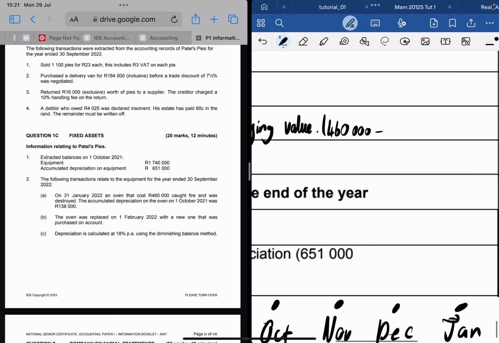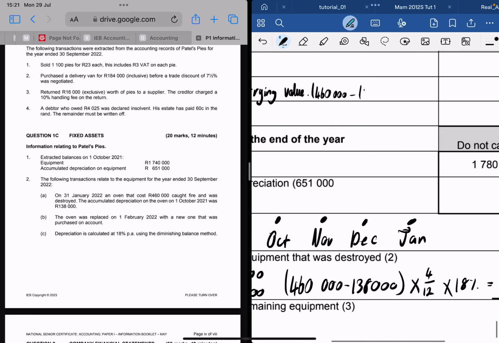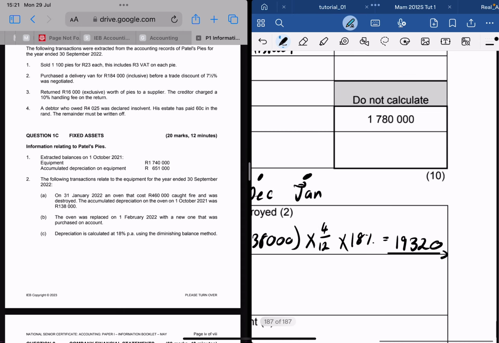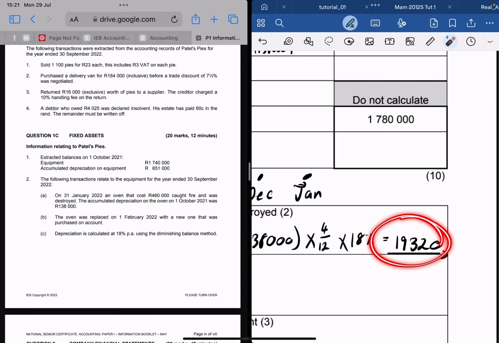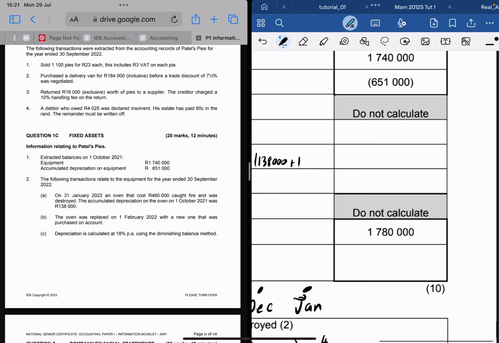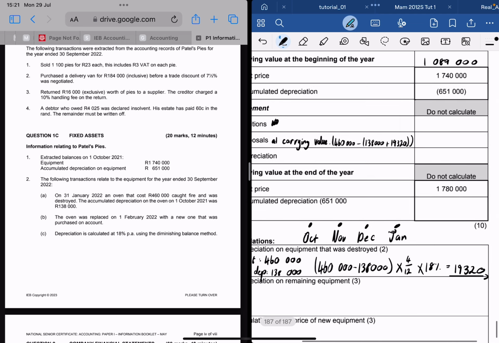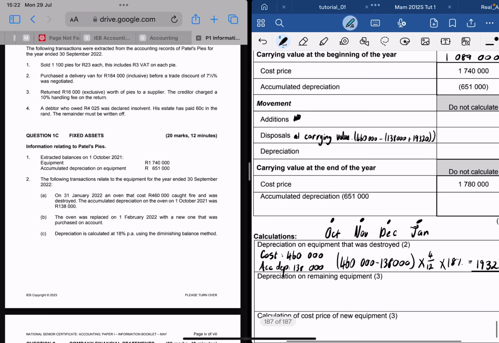We subtract our accumulated depreciation, which is the 138,000 plus this bit of depreciation here for the year that we just worked out. We can't forget this bit when we're doing the disposal, right? Plus 19,320.